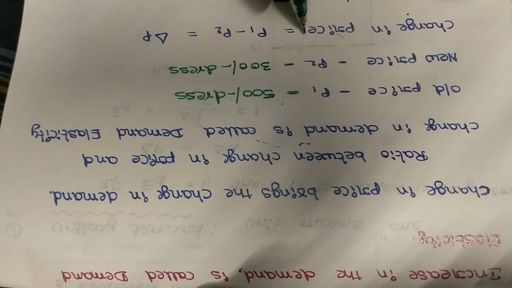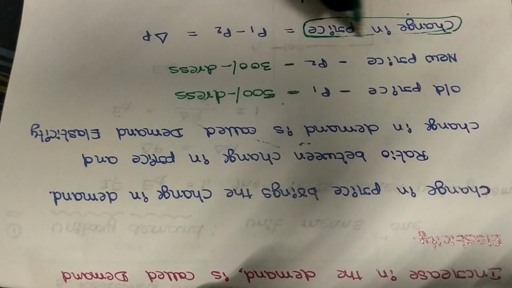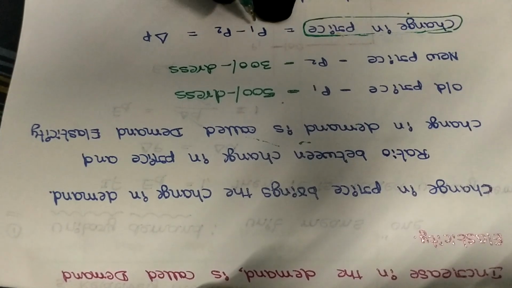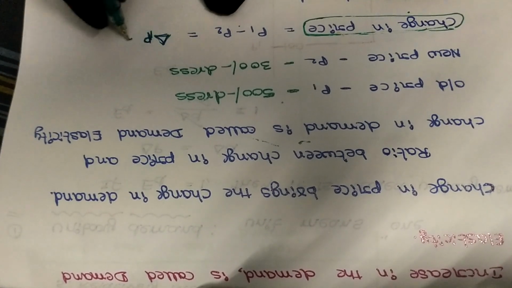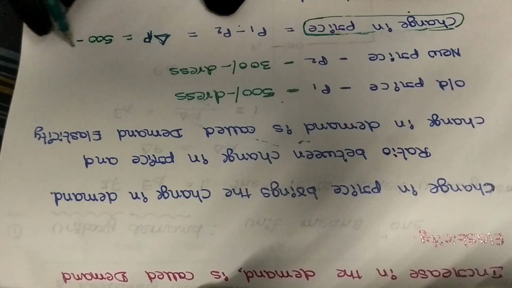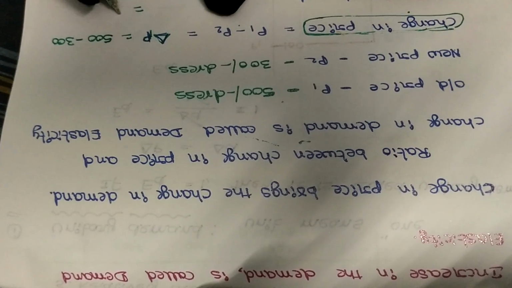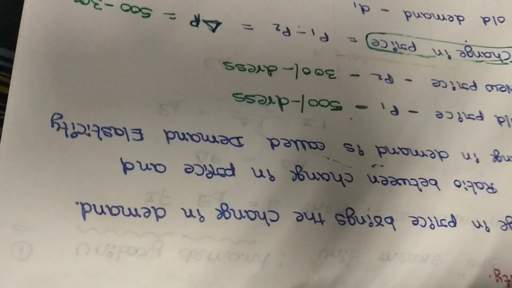Change in price can be calculated using the formula: change in price is equal to P1 minus P2, that is nothing but delta P. Now let me calculate the difference. 500 minus 300, a change of 200 rupees is there. 200 rupees decreased.